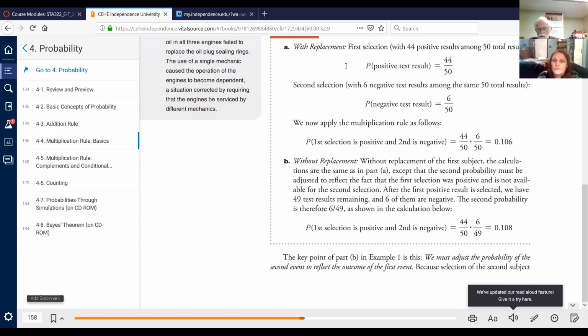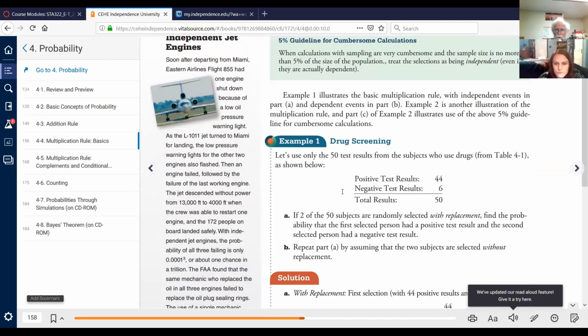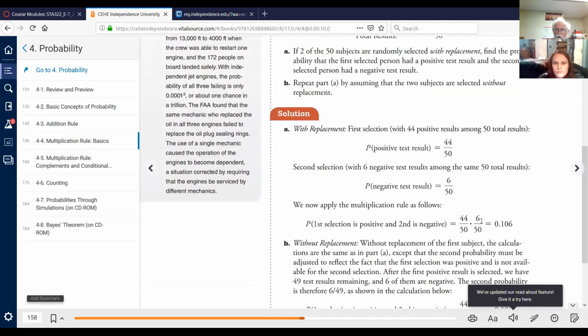If the first one had tested as false negative, and that's what you were after, then you know that there are 44 out of 50 positive results left.